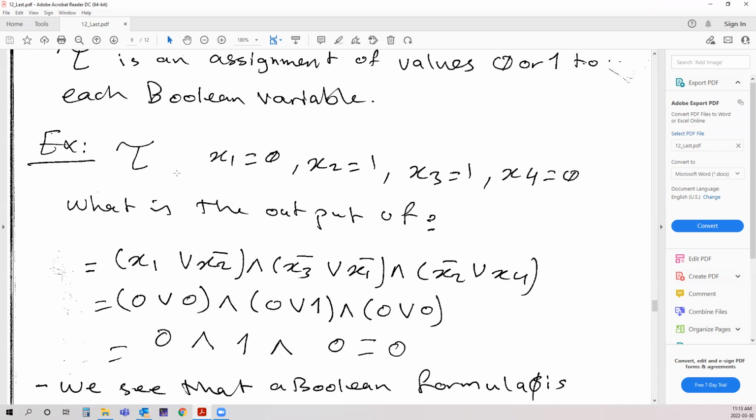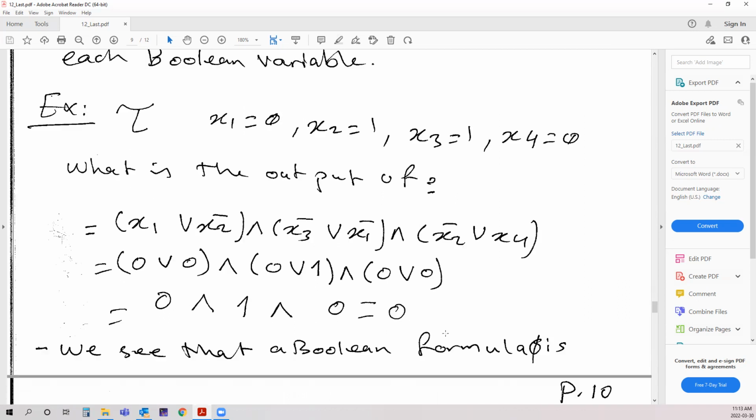Assume that we have an example: calculate tau, x1 equals 0, x2 equals 1, x3 equals 1, and x4 equals 0. What is the output? It would be 0 or 0, and 0 or 1, and 0 or 0. So it will be 0 and 1 and 0. With AND, they all have to be 1 to have 1. Since we have 0, it will be 0.